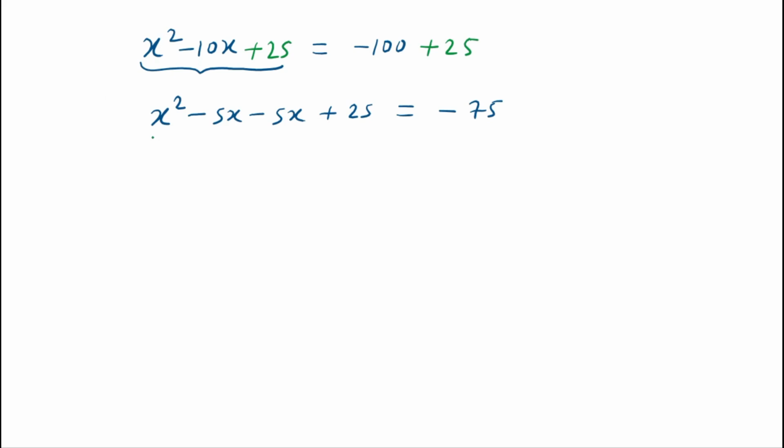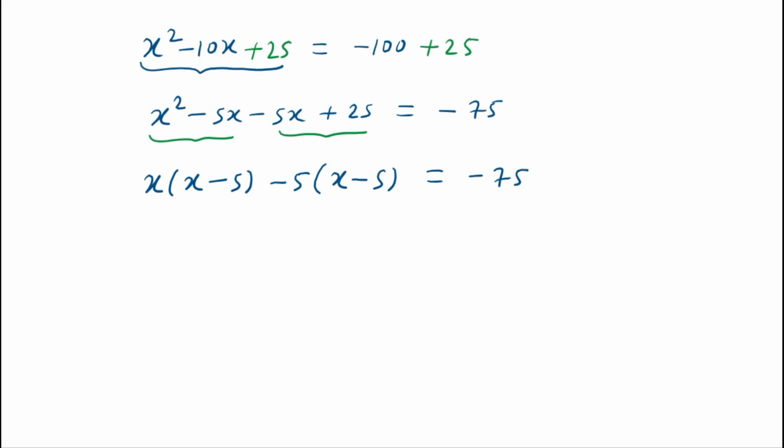Look carefully at the first two terms and then the last two terms. If we take x common in the first two terms, we get x square divided by x, which is x, and minus 5x divided by x, which is minus 5. And if we take minus 5 common in the last two terms, minus 5x divided by minus 5 gives x, and 25 divided by minus 5 gives minus 5. This equals minus 75.